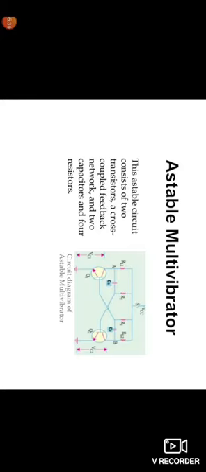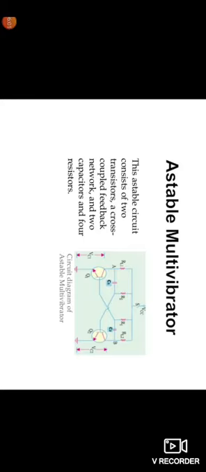The switch can be closed and opened, and the charging and discharging paths can be explained using the capacitors C1 and C2 and the node points, taken as point A and point B. This is the astable multivibrator circuit diagram.